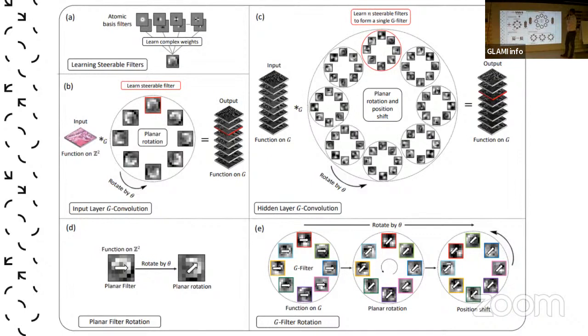So you create the steerable filter, and you steer it by some angle. Let's say you can choose to do 10 rotations to get a very good approximation of equivariance to rotations. And so you get the steerable filter, and then you create 10 copies of it, and each of these filters is rotated by 36 degrees.